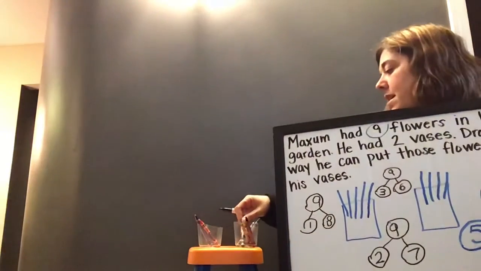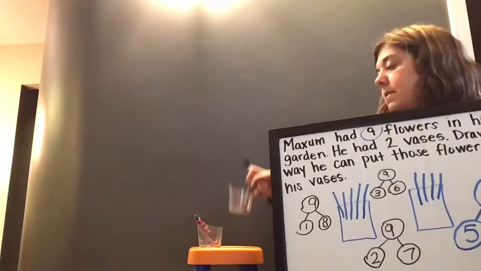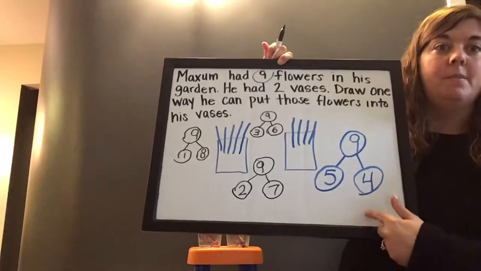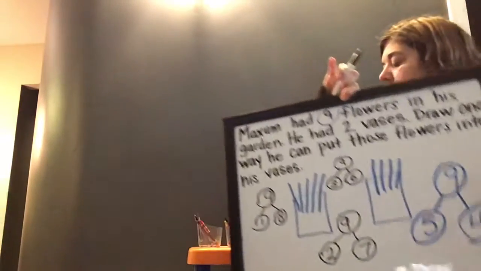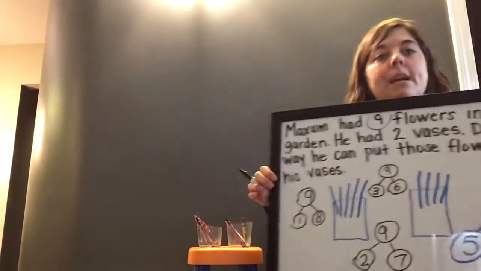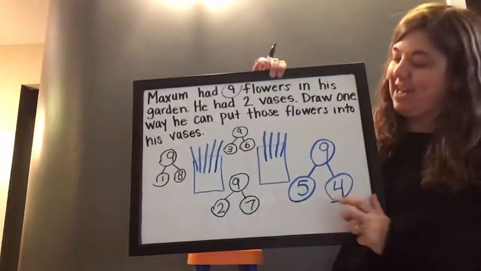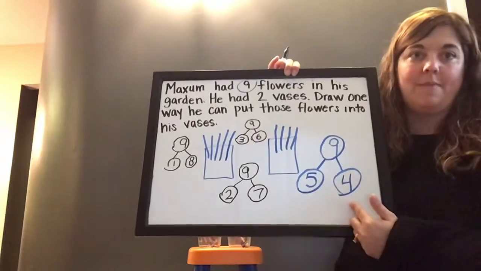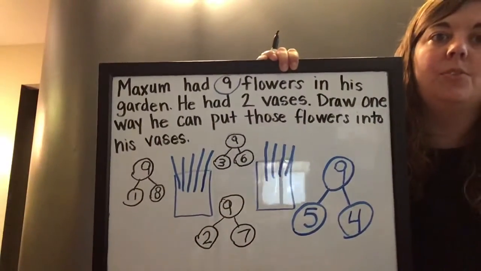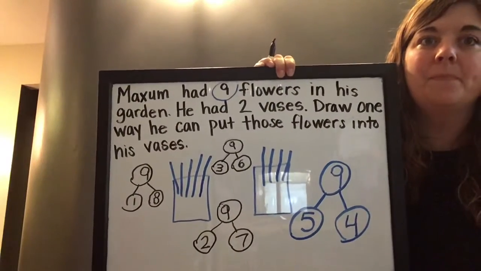Or you might have 4 and 5 because 4 and 5 make 9. Or you might have it the opposite. You might have 4 here and 5 there. Your parts just might be flip-flopped. But here are some ways to make 9.